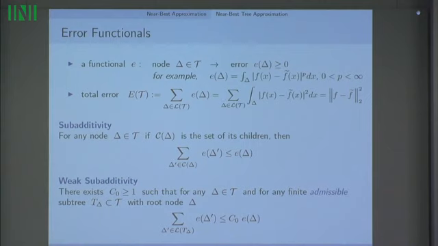So in many cases, because we don't have the exact error, we have estimates for the error. We usually have some equivalence with the constant C0. That's why sometimes it's better to consider weak subadditivity to account for this constant.